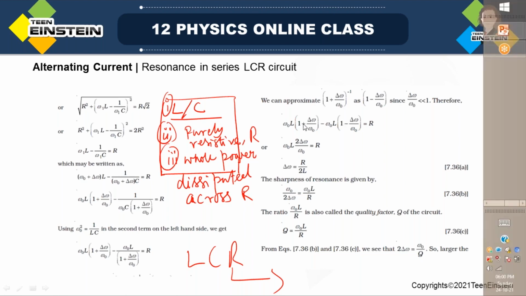It will be enjoyable when we solve numerical problems using these concepts. Next day we'll take up a few numerical problems on this chapter, and then we'll finish the chapter.